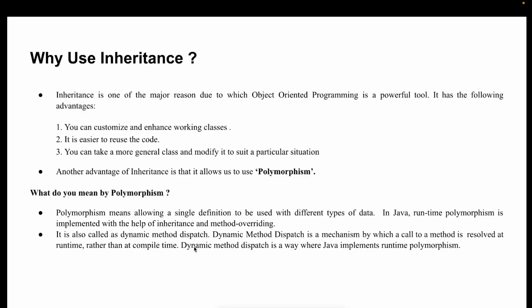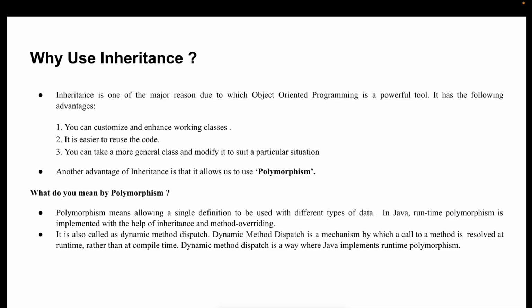So method overloading was compile time polymorphism, and method overriding is dynamic or runtime polymorphism. Dynamic method dispatch is the way Java implements runtime polymorphism. It will be clearer when I show you the demos related to method overriding.